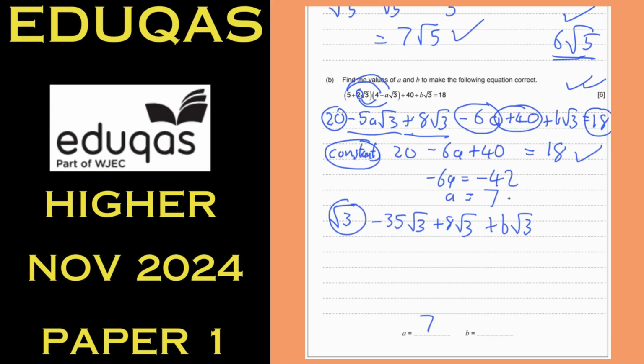And that equals nothing because there are no surds, no root 3s on the right hand side. That means we can basically divide everything by root 3, and if we add 35 to both sides, subtract 8 from both sides, we're getting b to be 27.